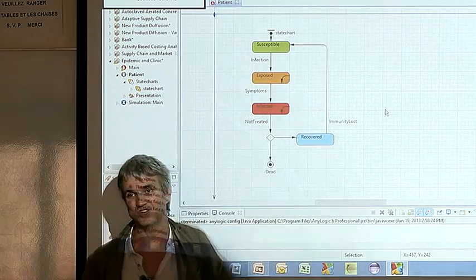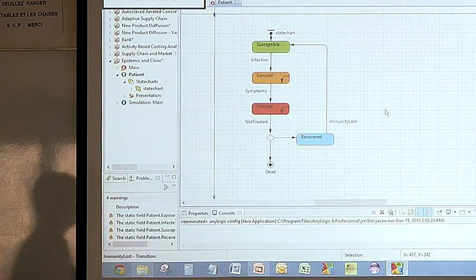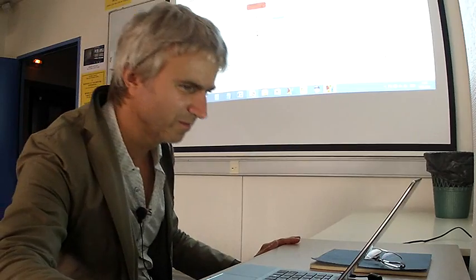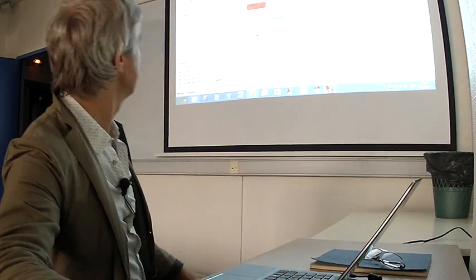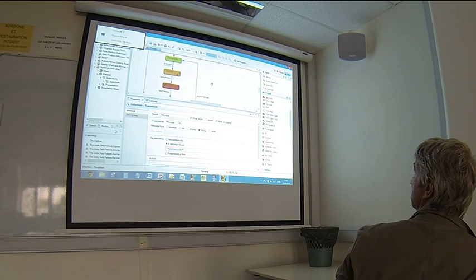Transitions in the state chart are associated with events. Here, message arrival: the message infection arrives to this state chart.